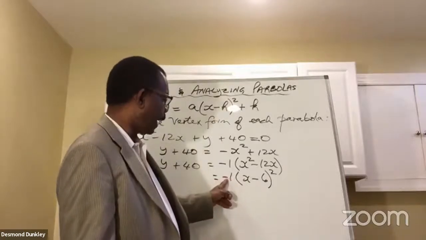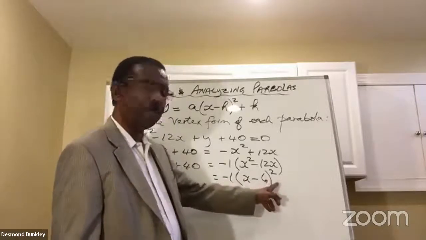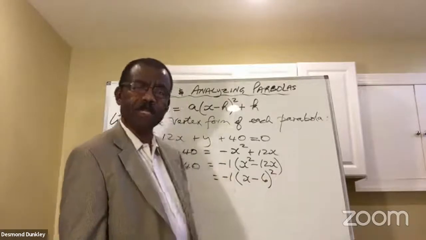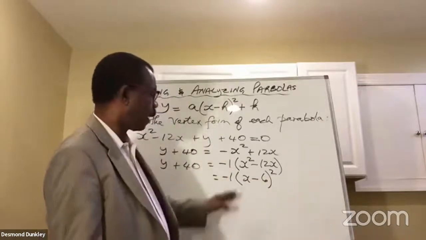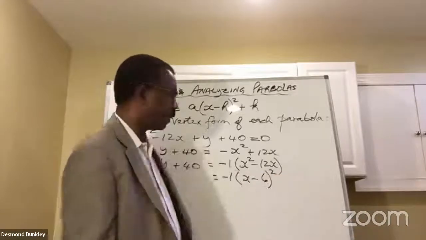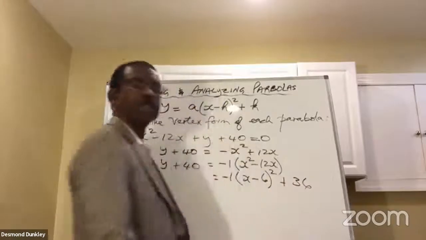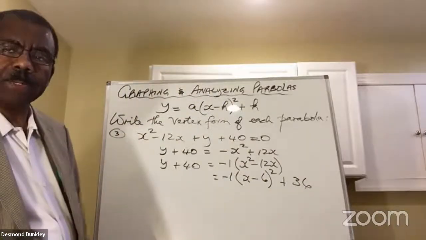When I multiply by negative 1, the plus 36 becomes minus 36. So therefore, I need to add 36 here to balance it out.